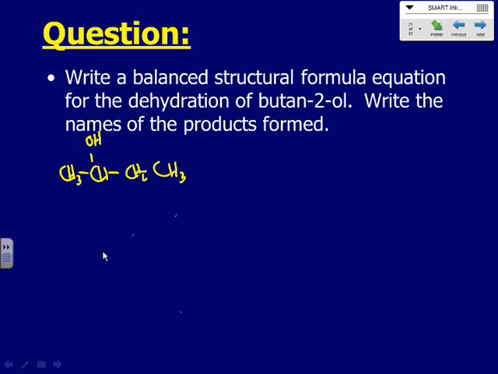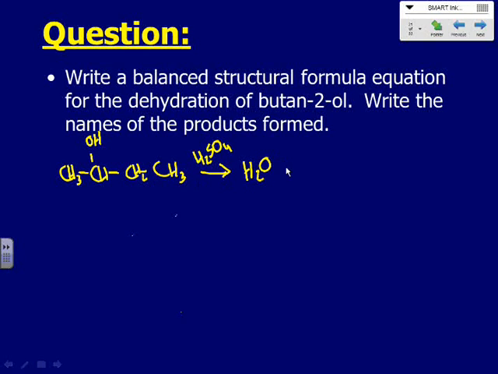All right? And we're going to dehydrate it. So we want to do the dehydration reaction. I need H2SO4 to remove the water molecules. And that's going to leave me a water, just one water molecule. And that can come off of here, or it can come off of here.